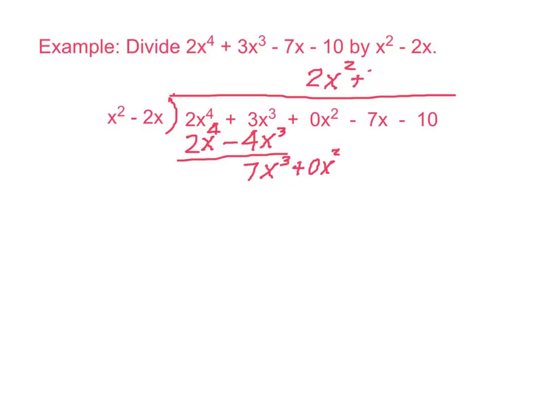Plus 7x times minus 2x is minus 14x squared. Then 7x times x squared is 7x cubed. Now again we subtract, again the minus sign changes, and I get 14x squared.